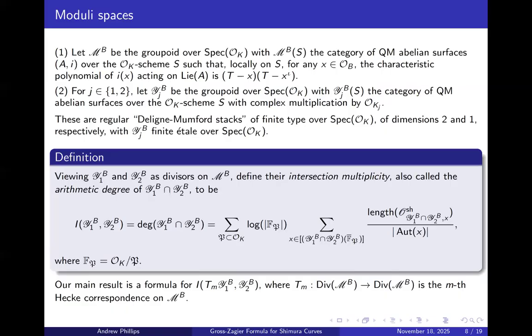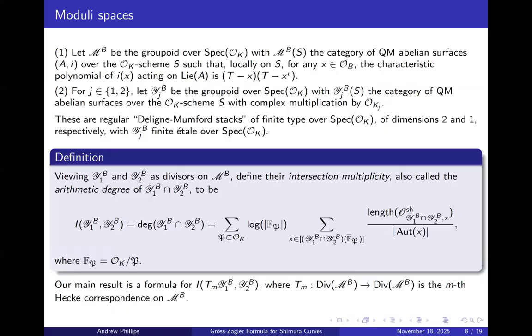So the main thing we're going to calculate in the end, to generalize this Gross-Zagier formula, is this arithmetic degree. You can view these Y1B and Y2B as divisors on MB. The way we can do that is that there's a morphism from YJB to MB, the forgetful morphism that forgets the complex multiplication structure.